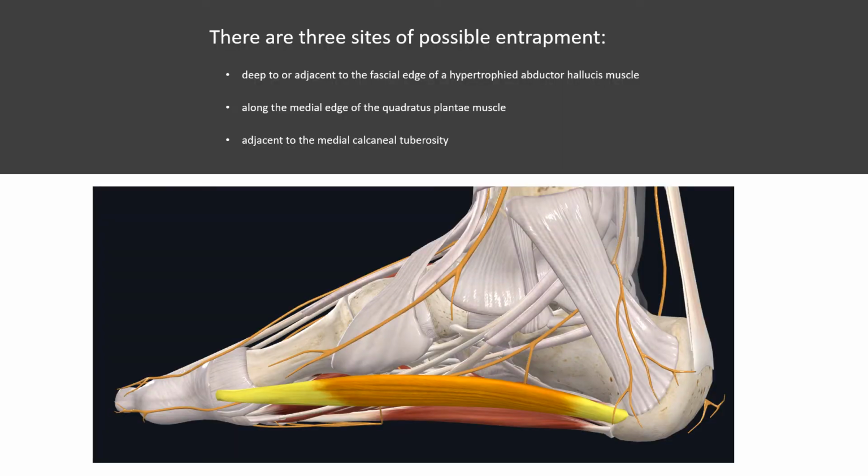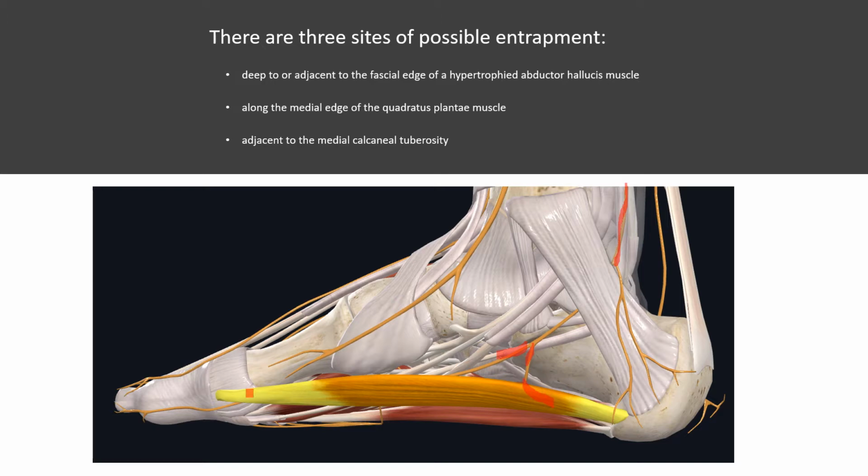Now, if we look at the way the nerve travels, the tibial nerve comes down. It then branches into your medial and lateral plantar nerve, and then the nerve branches again into that Baxter's nerve.